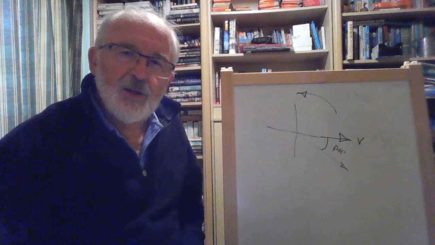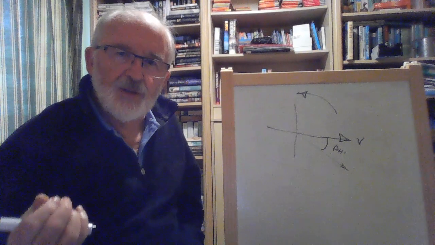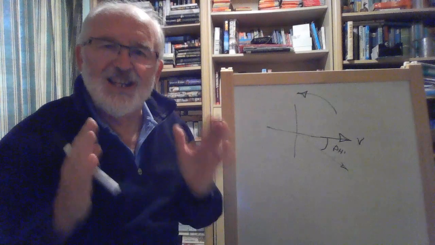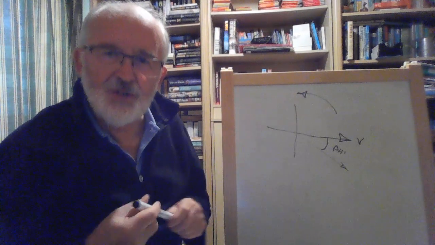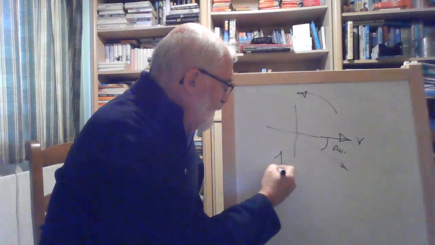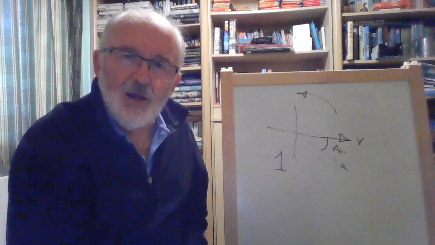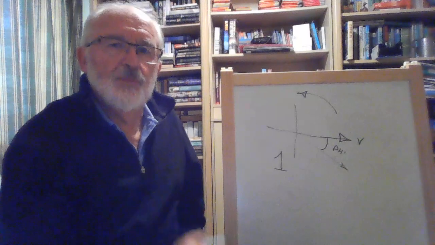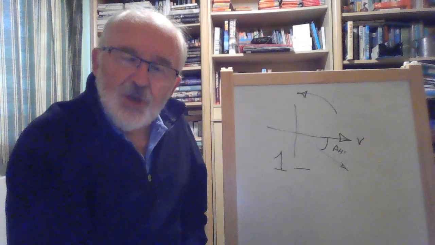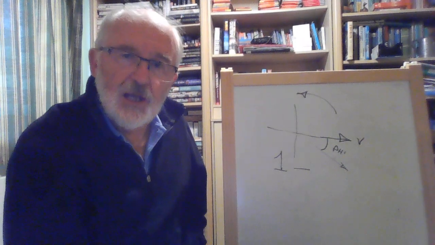Ideally, when we look at power factors, we want to run our ship at as high a power factor as possible. The highest power factor you could get, which isn't actually achievable in practice, would be 1 or unity. It's quite difficult to actually achieve unity power factor, but what we do need to ensure is that we run our electrical systems, our generation systems, at as high a power factor as we can.